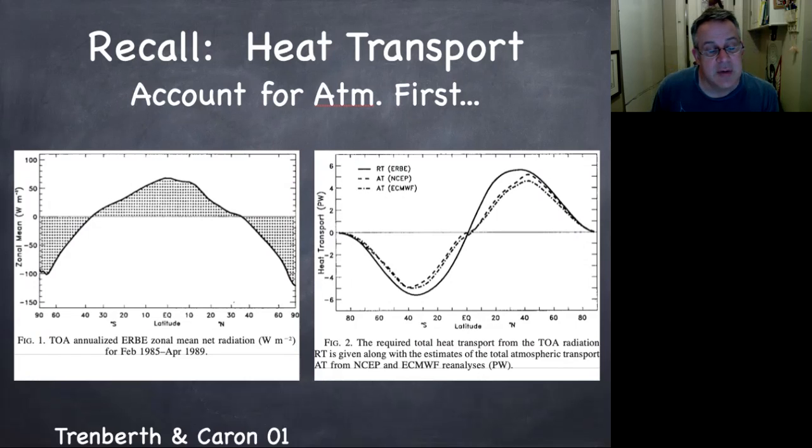Remember, we have incoming radiation across the tropics, outgoing radiation across the poles. If you integrate overall, you get close to zero. Not exactly zero under global warming, but it would normally be zero. This heat transport is needed to take the excess heat that arrives near the equator and move it towards the poles.